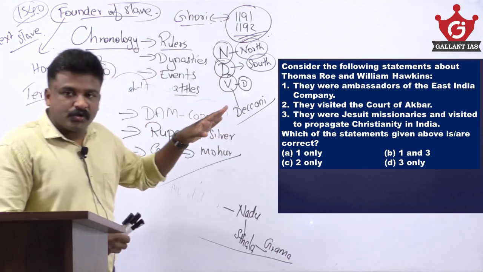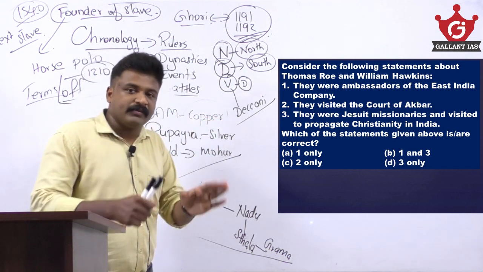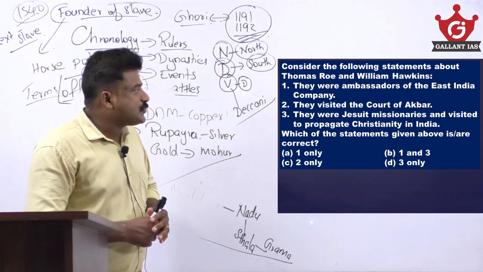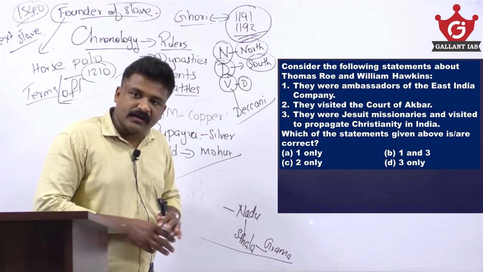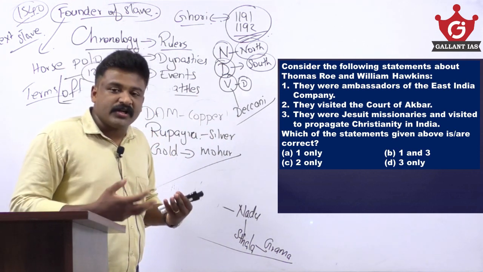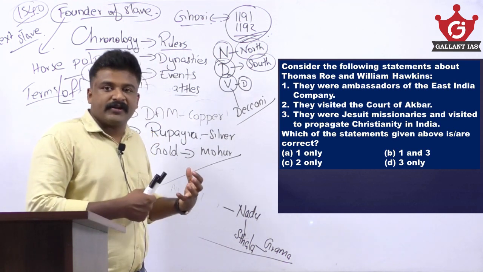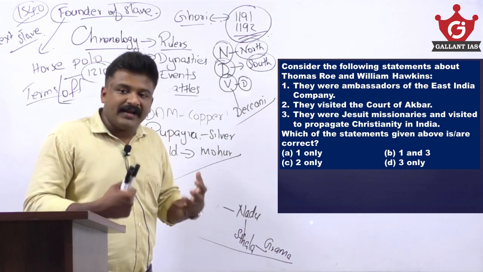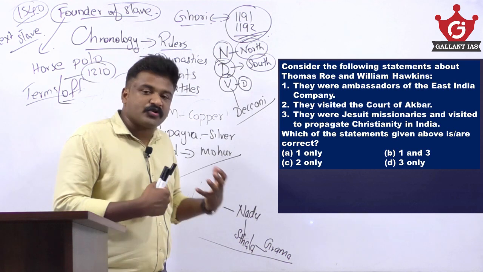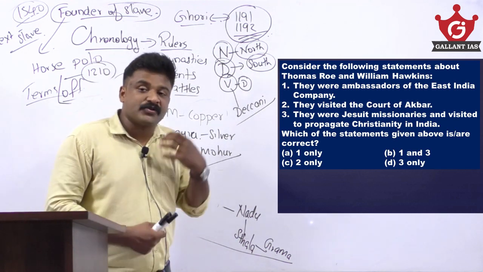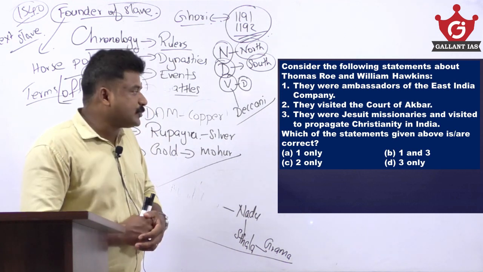Now it is about the arrival of the Europeans at the end of medieval India. Why did Thomas Roe and William Hawkins arrive in India? They were ambassadors of the East India Company, exactly true, to meet the Mughal ruler and request trading privileges for the company.